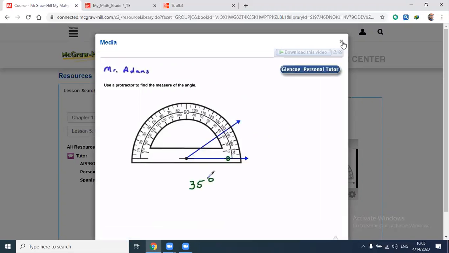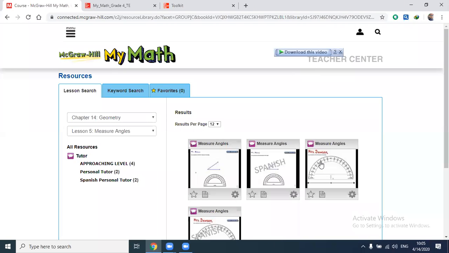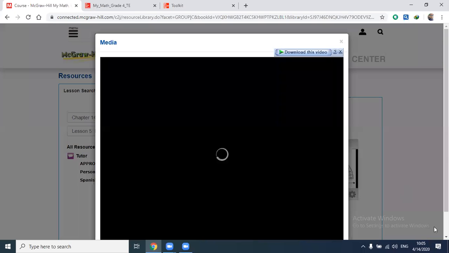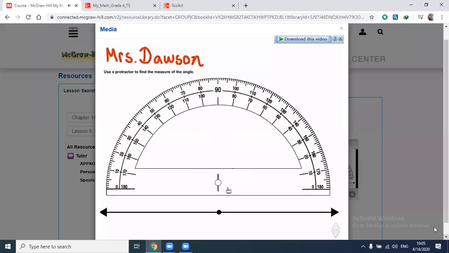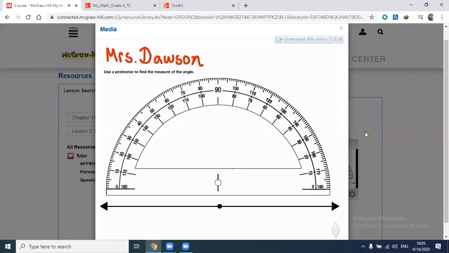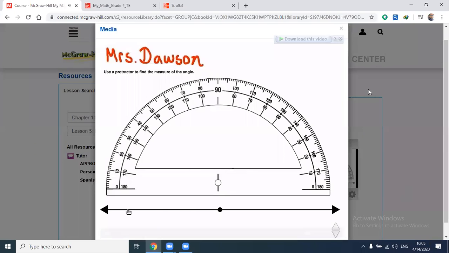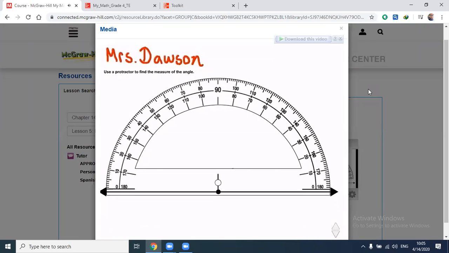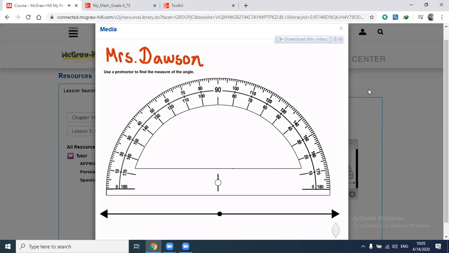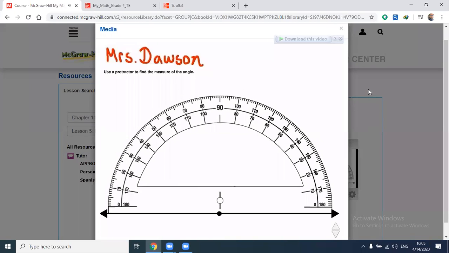Okay, the other video. This is Mrs. Dawson. The following is an example on how to measure angles. Use a protractor to find the measure of the angle. The angle, as you can see, looks to be a straight line. We should move the protractor to measure it.